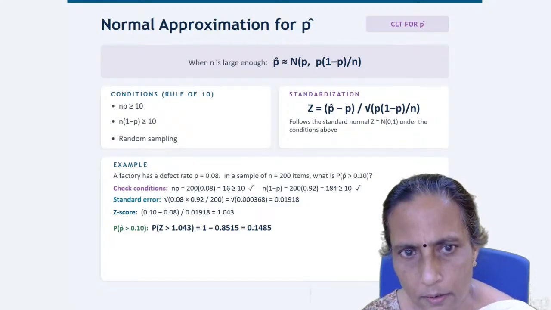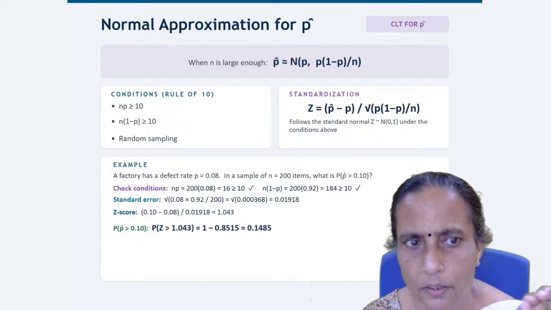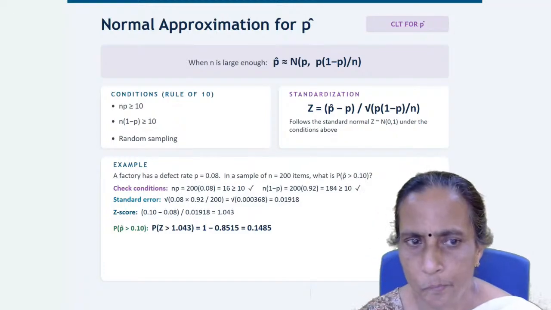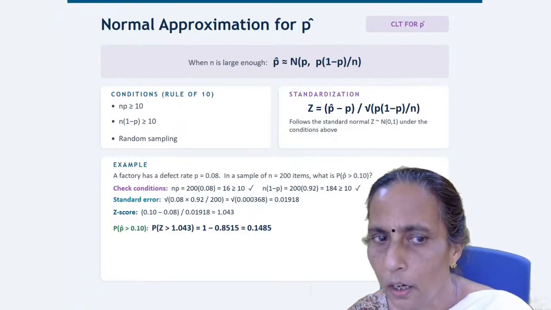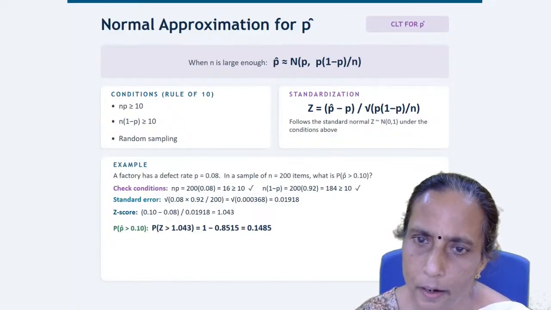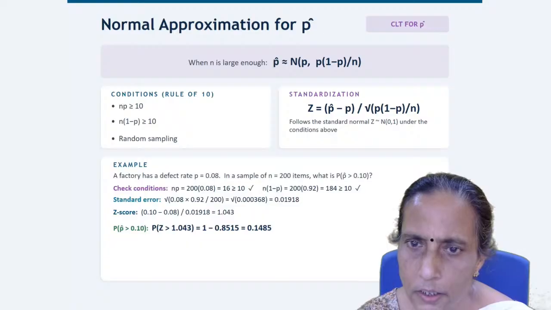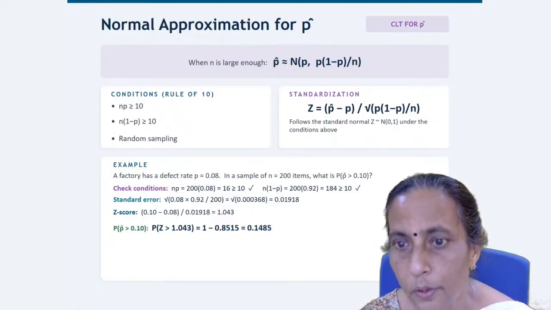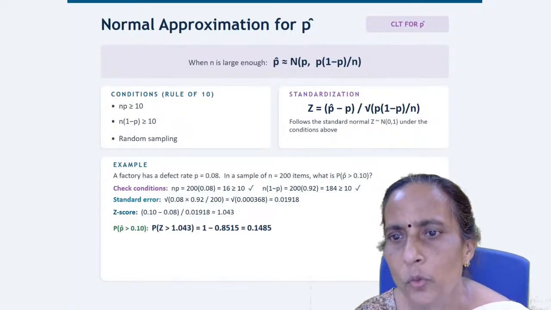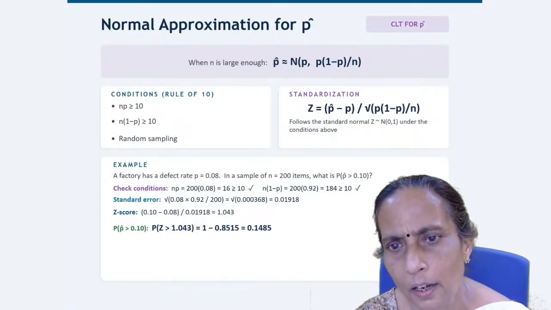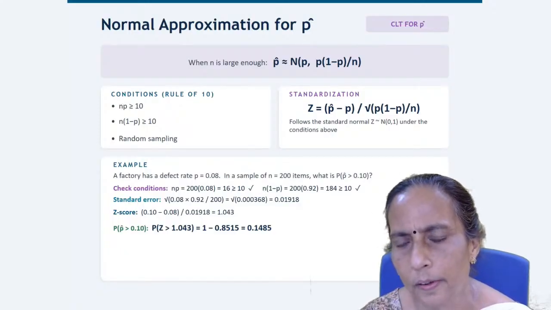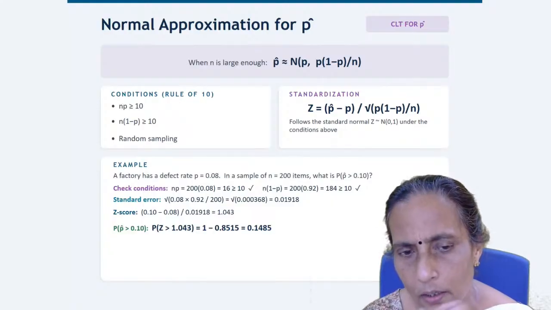The conditions, the rule of 10: n into P is at least 10, n into 1 minus P is also greater than or equal to 10, and our sampling is a random sample. We can standardize it as P cap minus P by square root of P into 1 minus P by n, and this will follow a standard normal distribution with mean 0 and standard deviation 1.